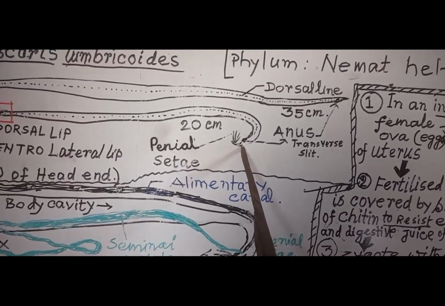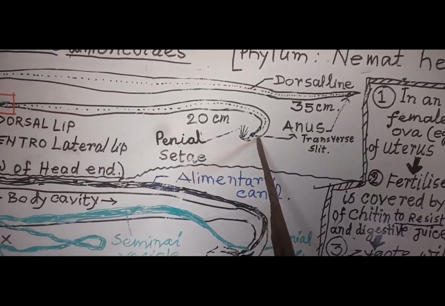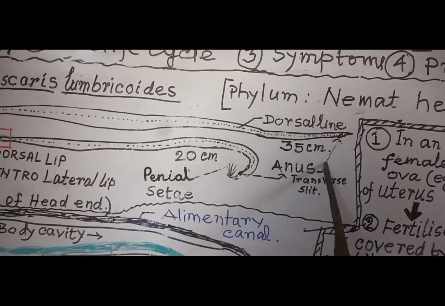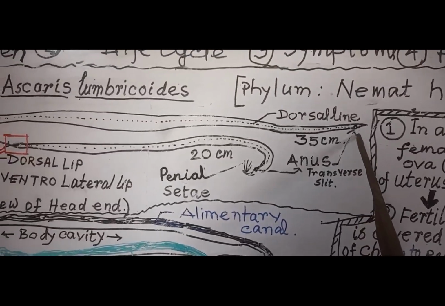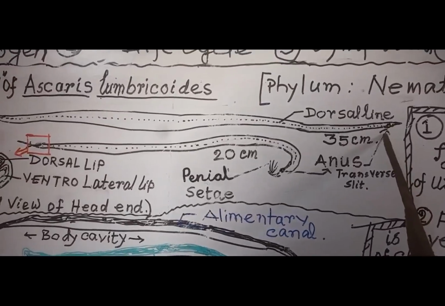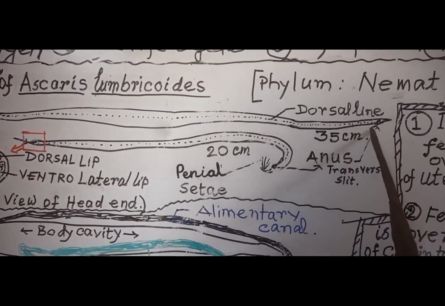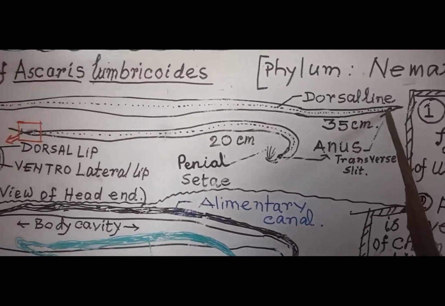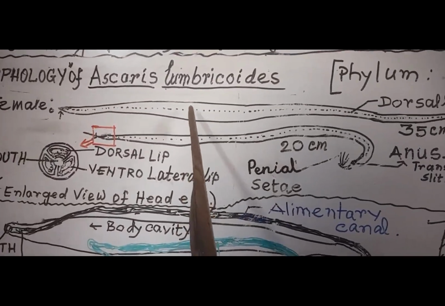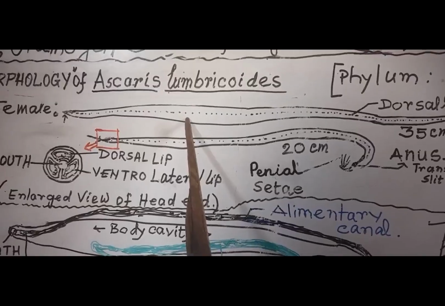So we should better call it not anus but cloaca. But in the female there is a separate anus, and the female genital pore is in a different area, nearly one-third of the way along the ventral side.